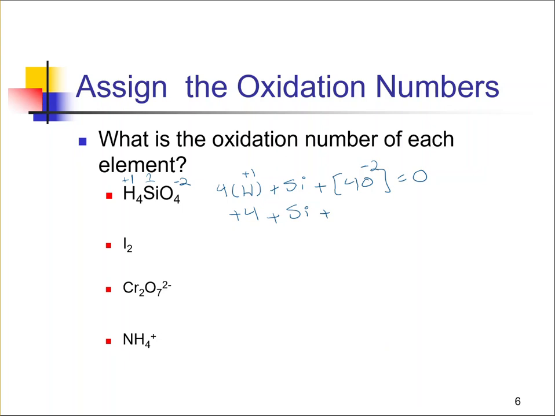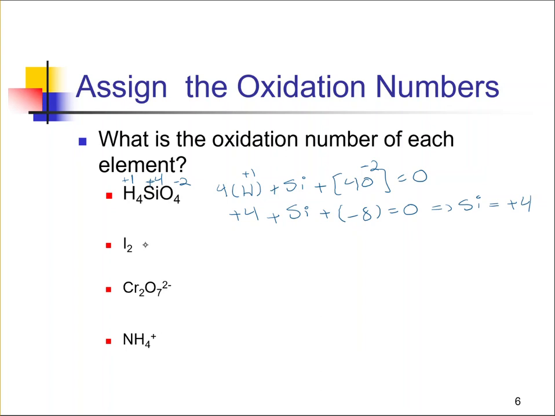The oxidation number of each oxygen is negative 2, and that equals 0. So from here, I know that the oxidation number of silicon is positive 4. So the oxidation number of each hydrogen is positive 1, each oxygen is negative 2, and silicon is positive 4.